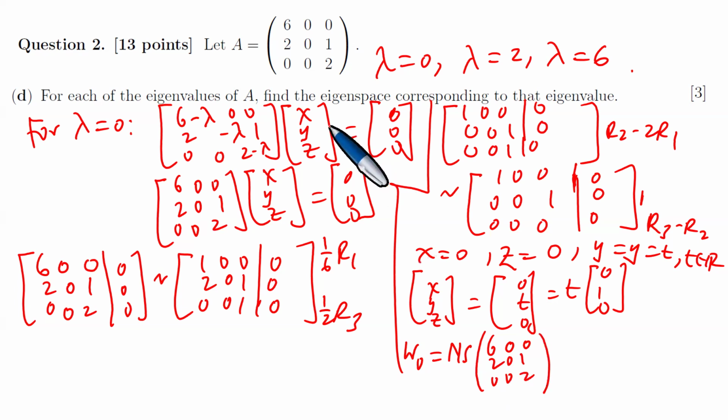It is the null space of A, and in the end you can call the free variable S or T, it doesn't matter. So now you have 0, 1, 0, where S itself is a real number. We can use T as well. So this is exactly what we have.